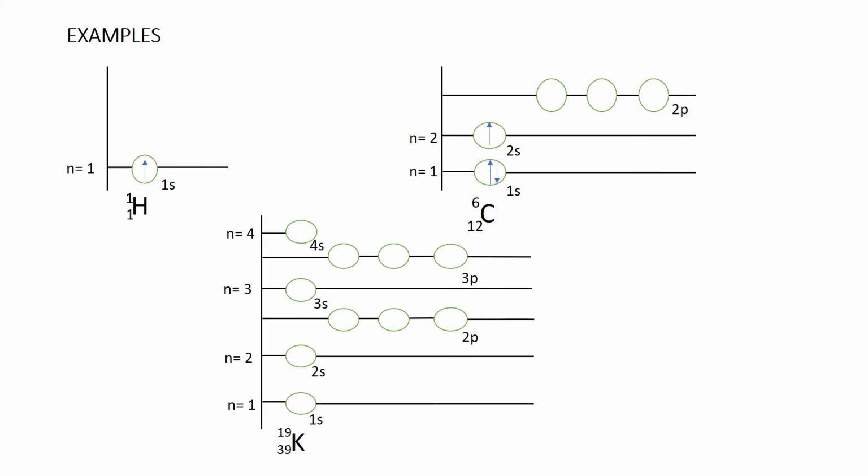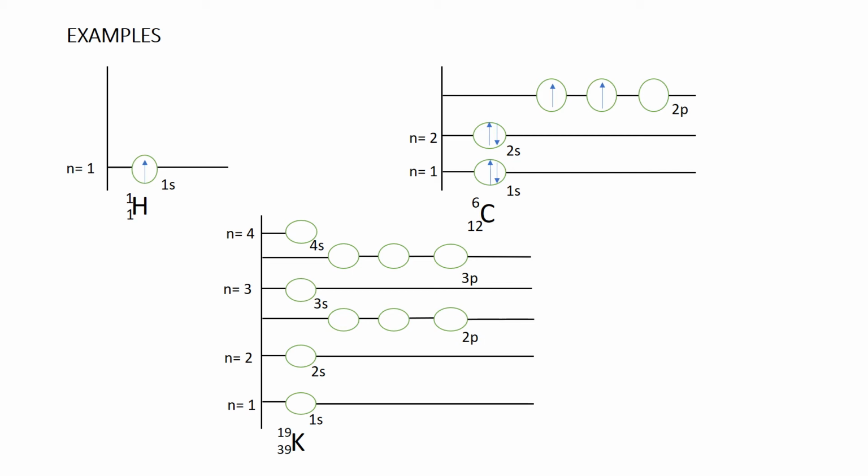Then we write the next electron on the 2s orbital, and then the other electron on the 2s orbital. So the 2s orbital is now filled. What about the 2p orbital? We have 3 2p orbitals, so we're gonna fill the first one first with the 1 electron, and then the second one with the other electron.